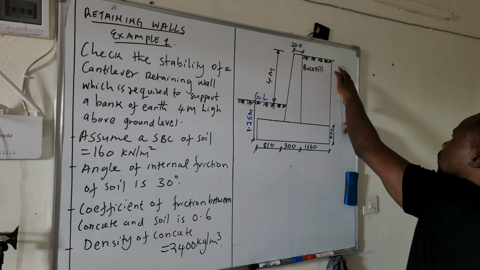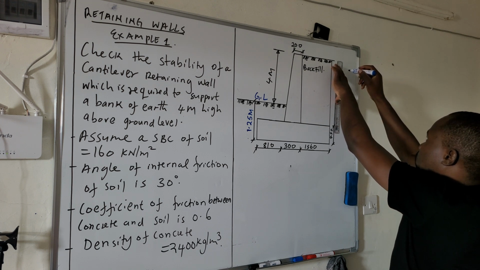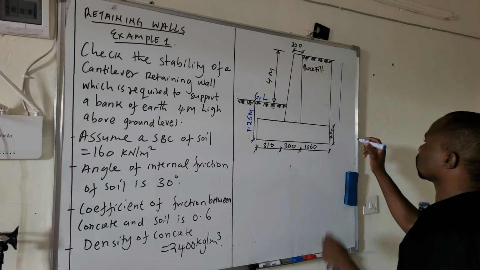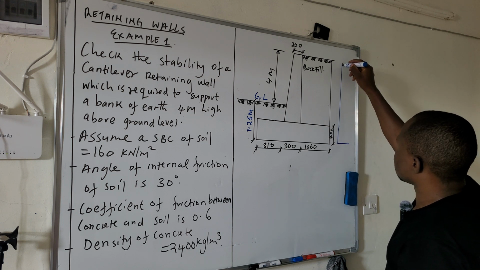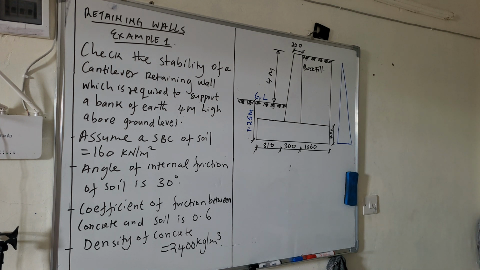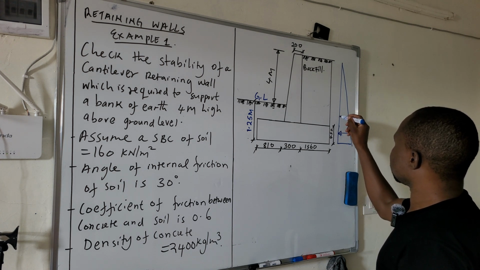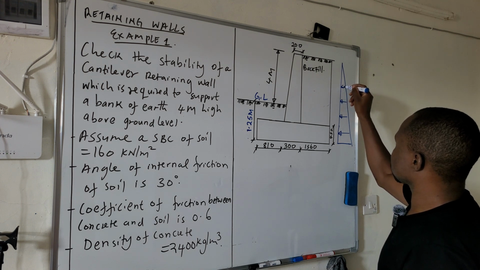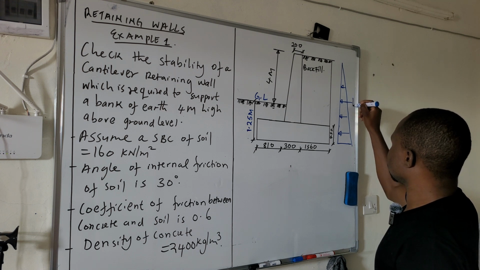So let's draw the pressure diagram for this soil. So this is the pressure diagram, and this pressure is the active pressure. So let's assume it is acting at that point.